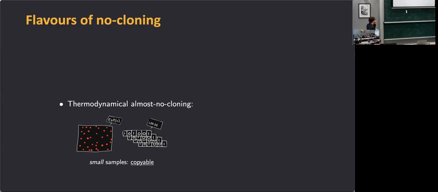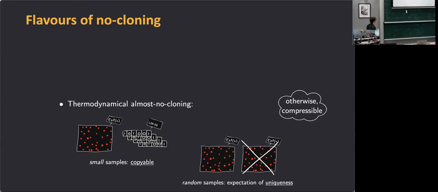I mean, it's impossible to make another copy of this, but they can make small samples. So they can take some samples of this large state and copy them as many times as they want. But in expectation, they cannot copy the whole thing. Otherwise, it will become reversible and break the point.